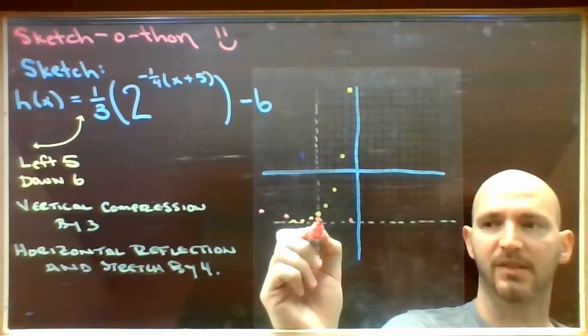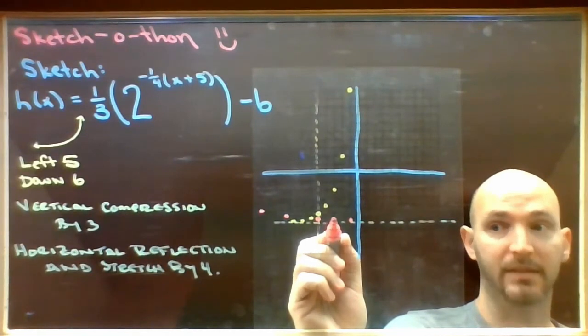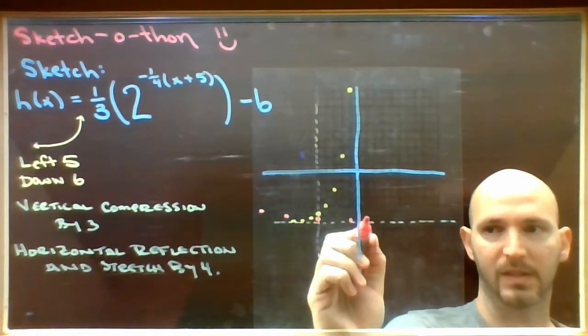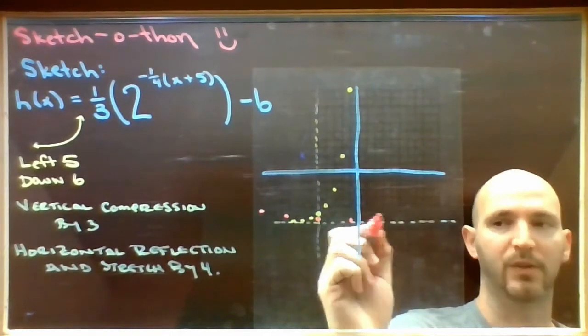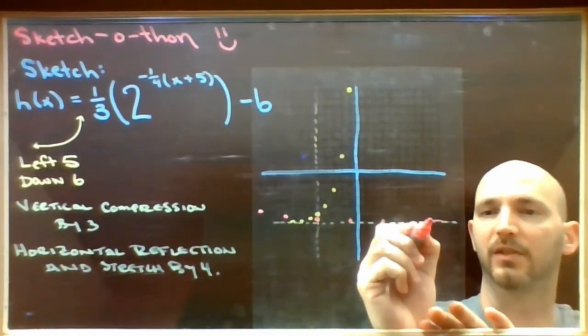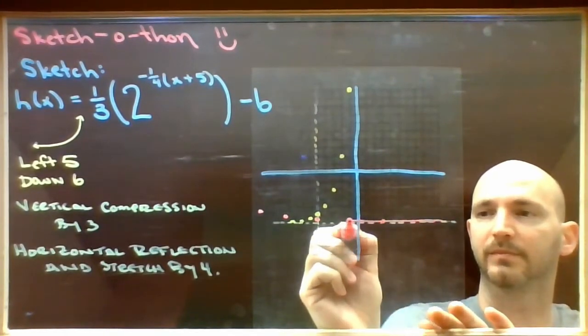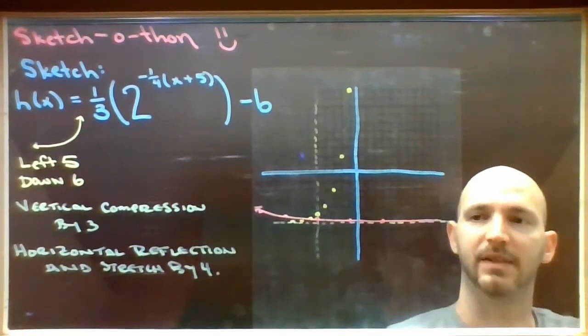This dot is 2 out, so reflect it, quadruple it, so it's 2, 4, 6, 8. It was already at a quarter. A third of a quarter is a twelfth, so that's real low. So I end up with an exponential that looks something like this. Nice and flat.